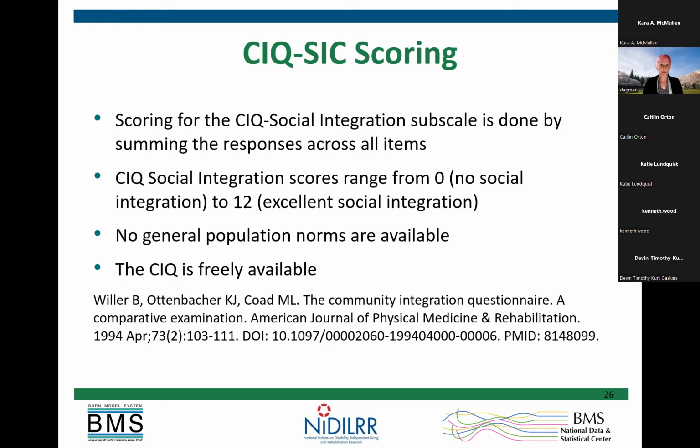And so using the mean of those scores as a comparison is very useful and can be easily done. The CIQ is free. You can just download it and use it in your research studies.